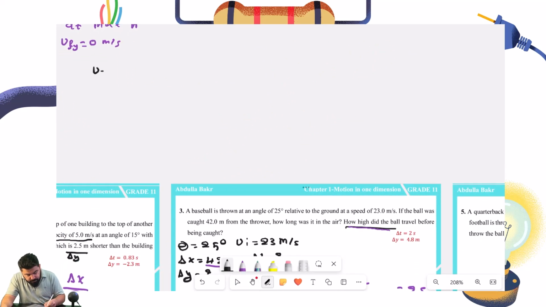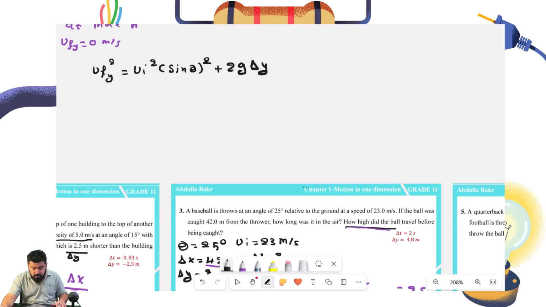V final squared is equal to v initial squared multiplied by sine theta all squared plus 2g delta y. Okay, so this is the equation I'm going to be using. So this one is max. Okay, and rearrange the equation.